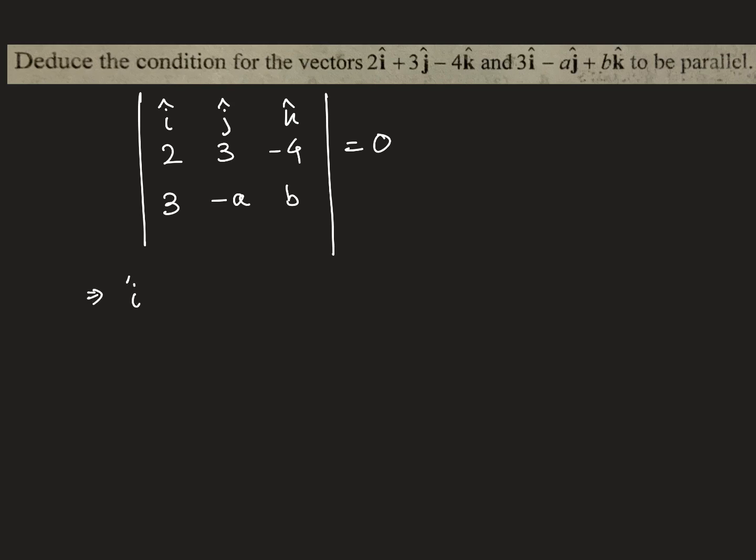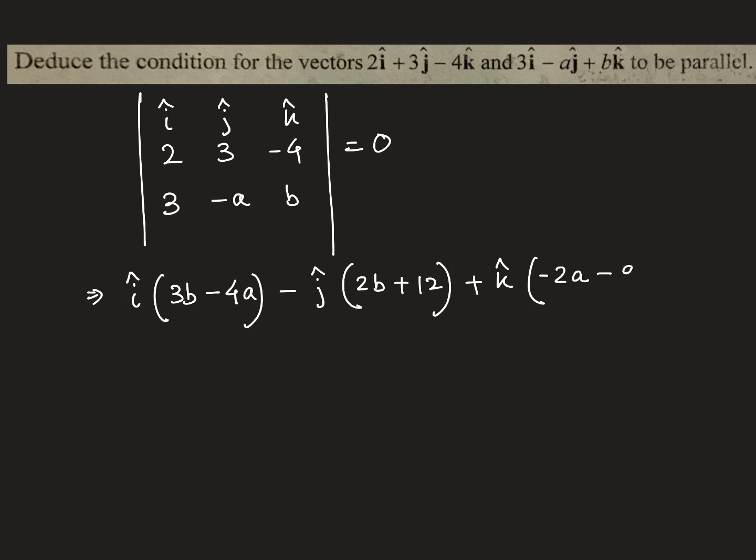Implies i times how much? 3b minus 4a, minus j times 2b plus 12, plus k cap times how much? Minus 2a minus 9 is equal to 0.